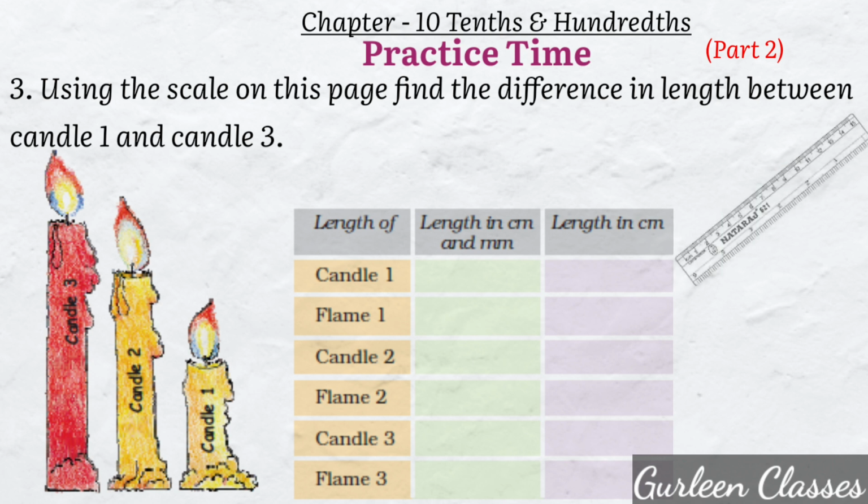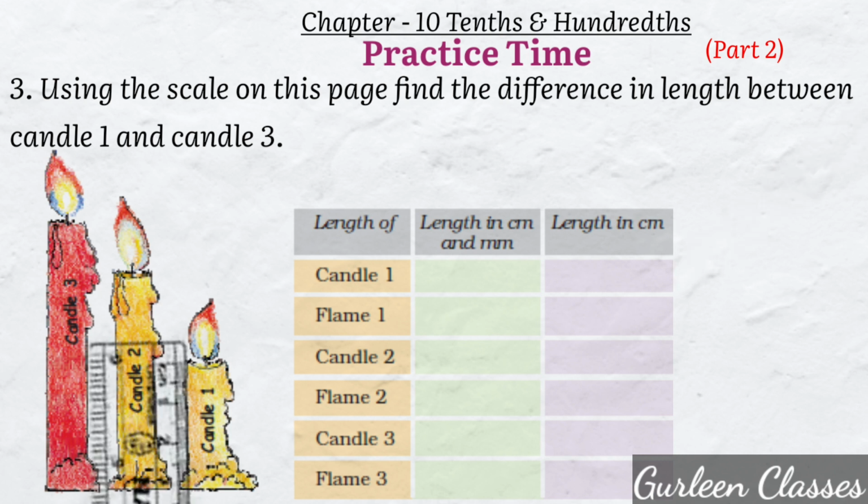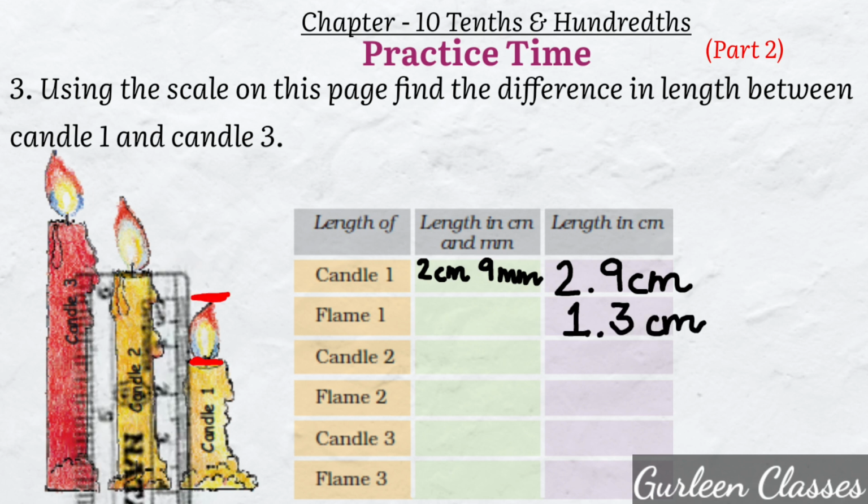So here I took the scale and measured the length of candle 1. It is coming 2.9 centimeter, that is 2 centimeter and 9 millimeter. Now find the length of flame 1. It is 1.3 centimeter. That is 1 centimeter and 3 millimeter.